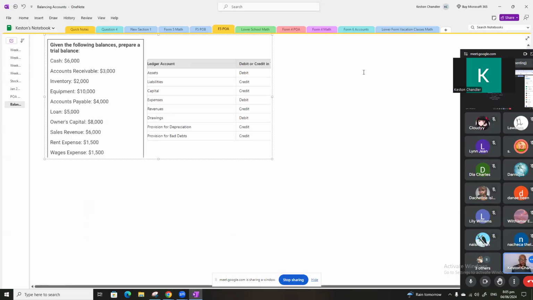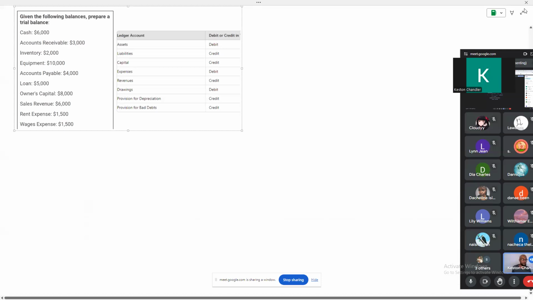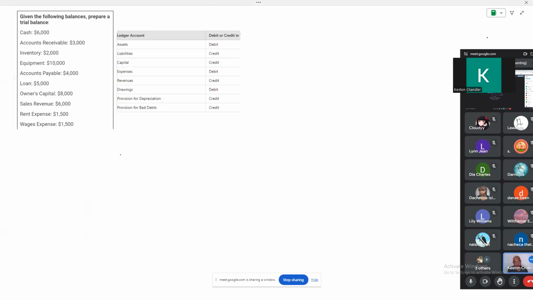All right, can you guys see the whiteboard? Yeah. All right. So we want to prepare our trial balance, right? So I'm gonna put here number one. We're doing a trial balance. I can't see the whiteboard. Just a sec.